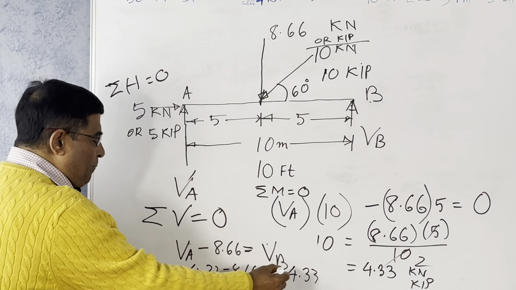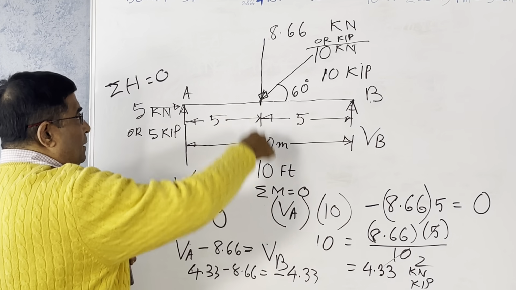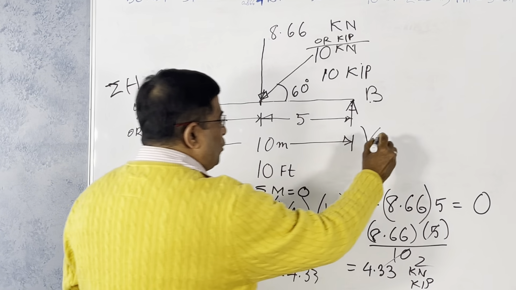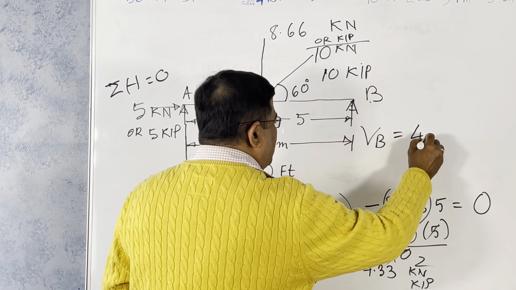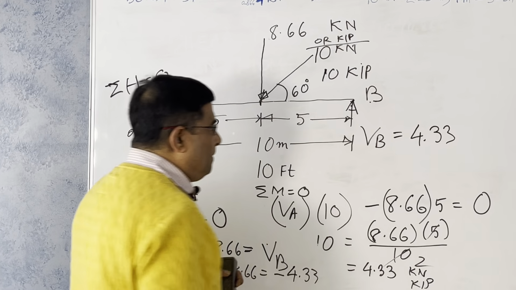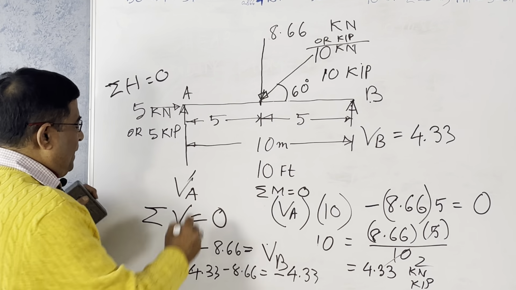The minus means this is opposing the 8.66. So this force will be your 4.33 again, 4.33 there.